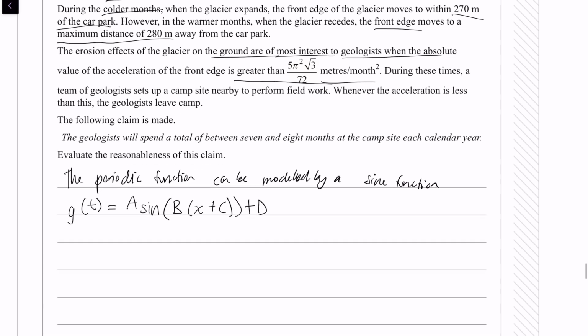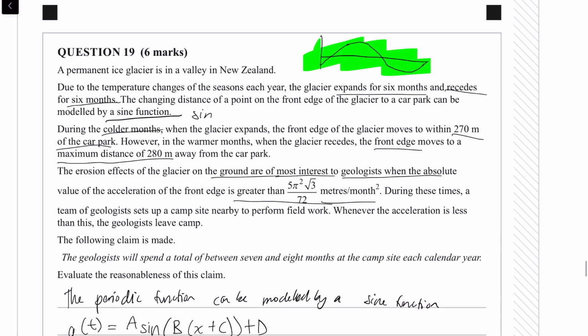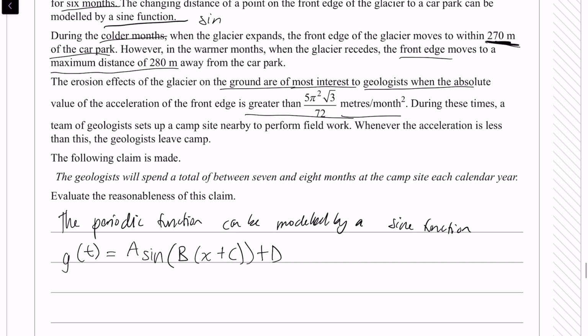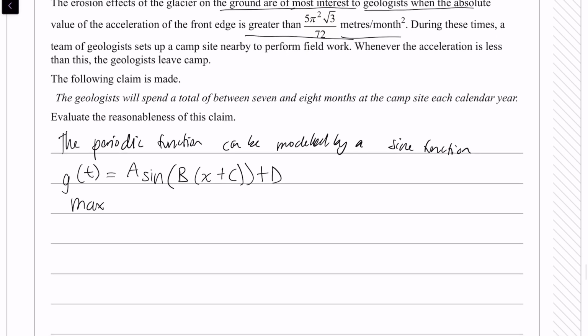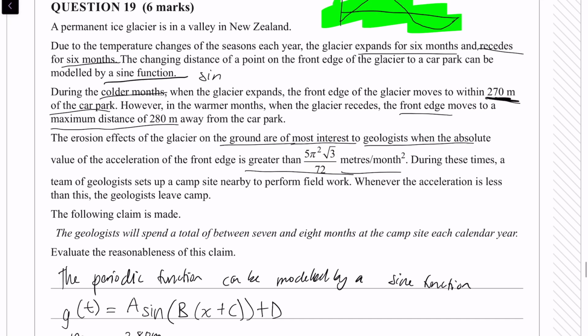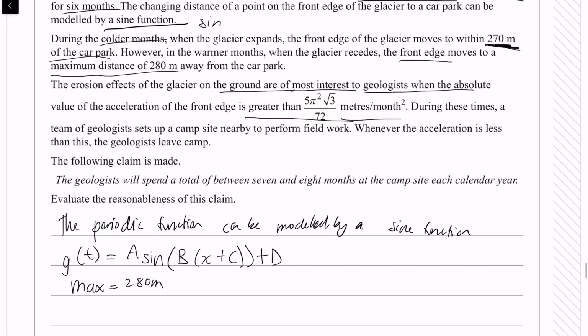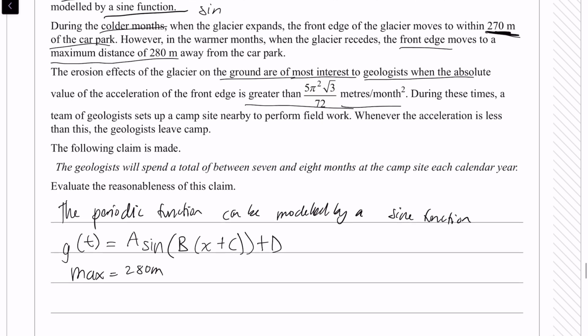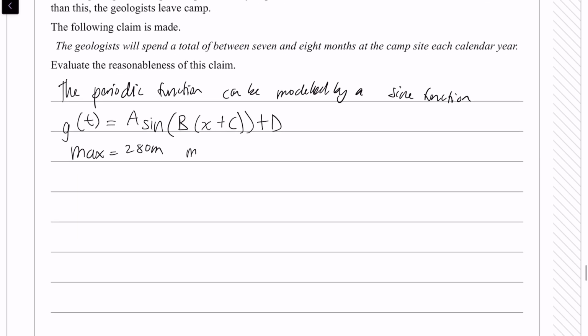Okay, so if we know that the front edge of the glacier moves to within 270 meters of the car park up to a maximum distance of 280, we know our max is 280 meters during the warmer months, but in the colder months, when that glacier really expands, then that front edge will move to within 270 meters. So that's the minimum.